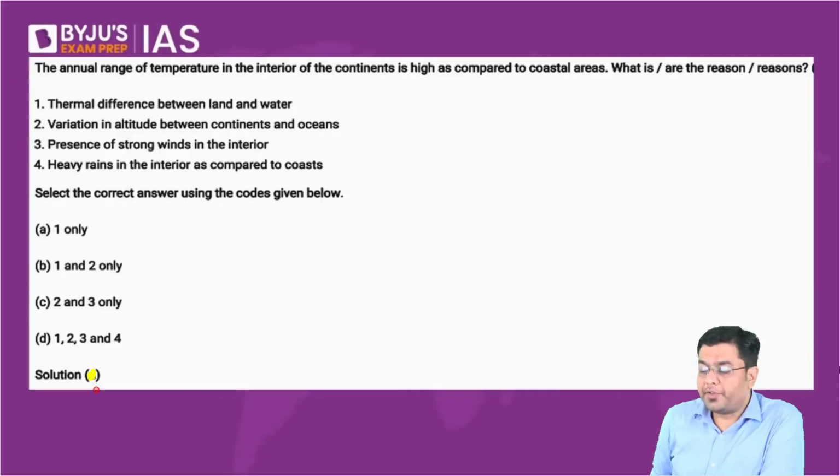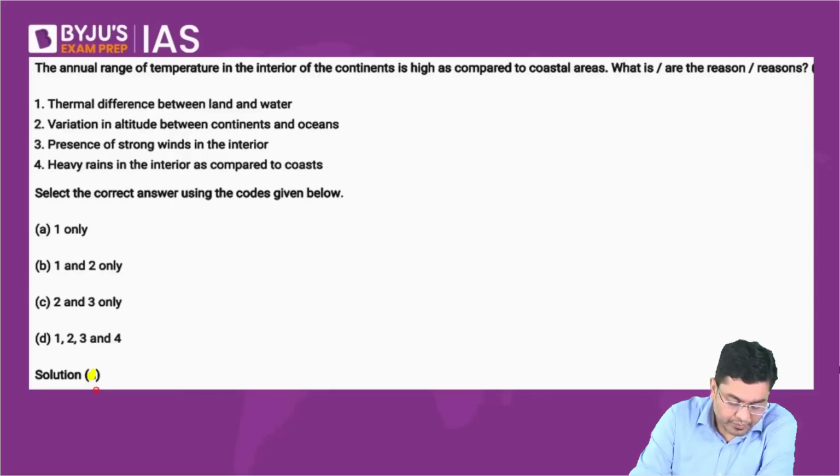What is or are the reasons for the same? Thermal difference between land and water, variation in altitude between the continents and oceans, presence of strong winds in the interior, heavy rains in the interior as compared to the coastline. Why is it that interior areas have a greater range of temperature throughout the year?